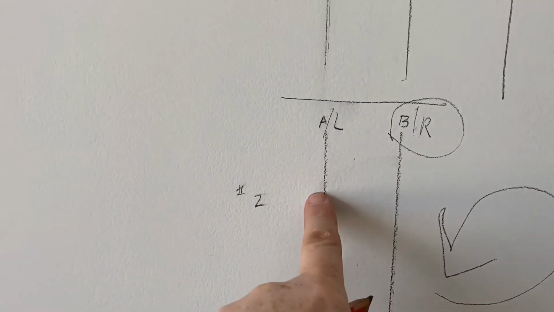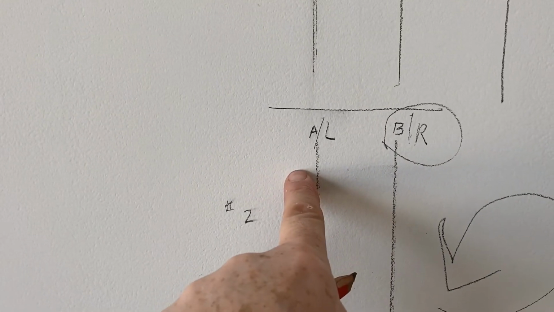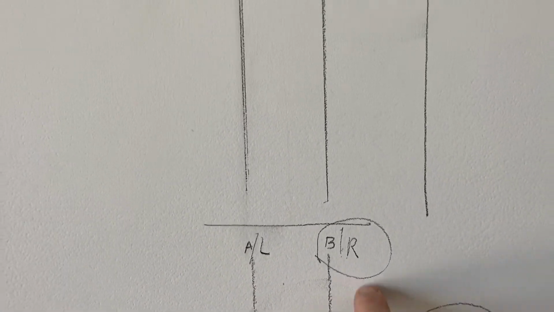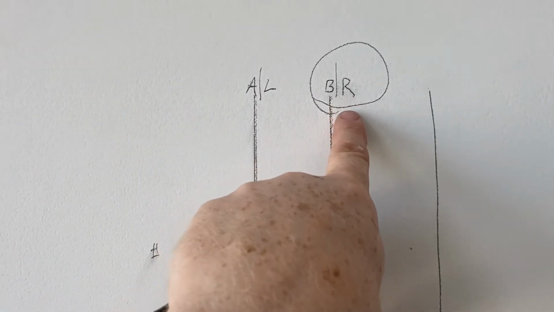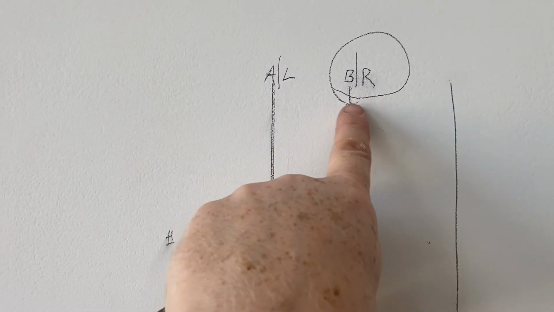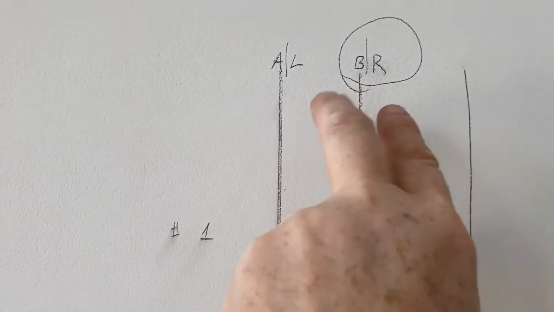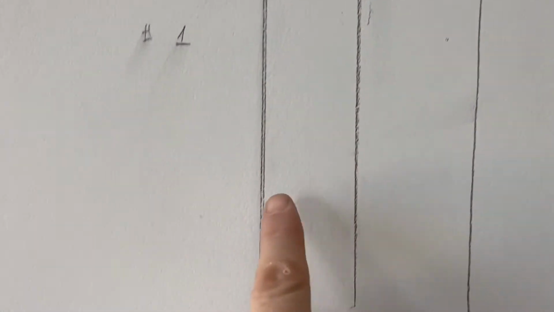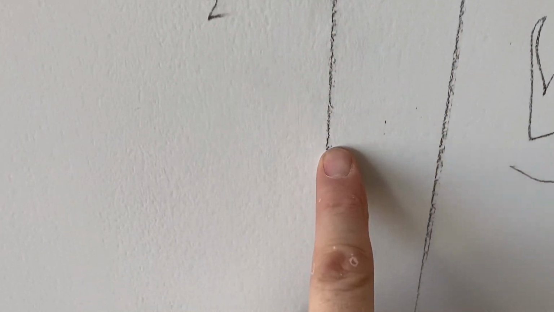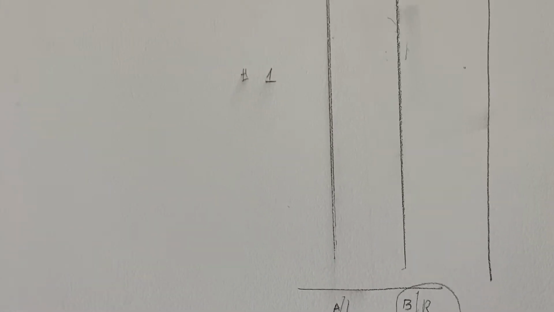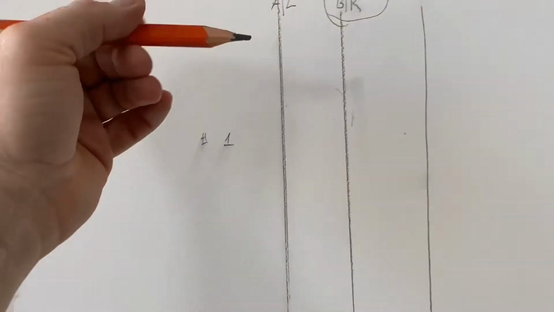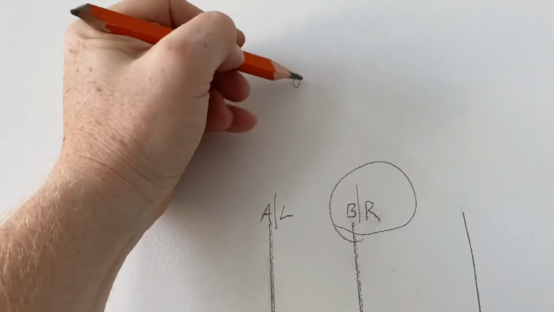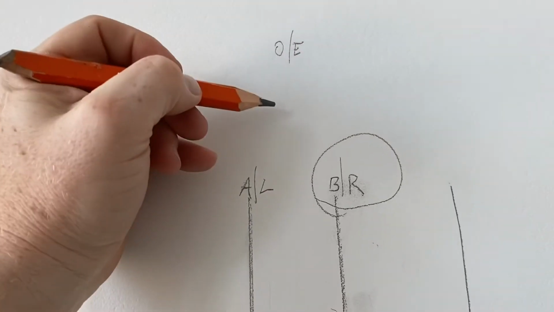So B and R is going to be over here. A and L is going to be over here. And that's where you want it. You want your 2 edges of your adjoining sheets to come from the same length. You understand?